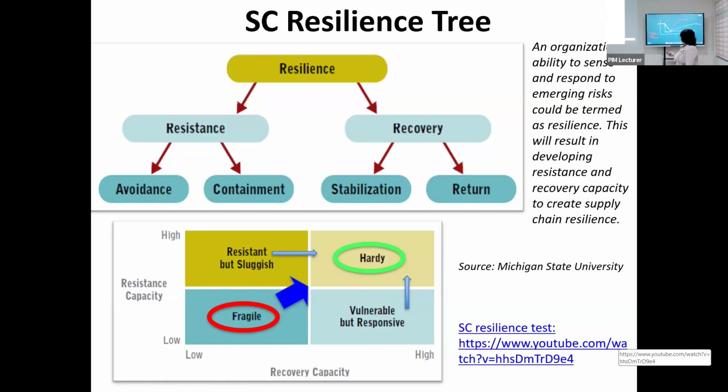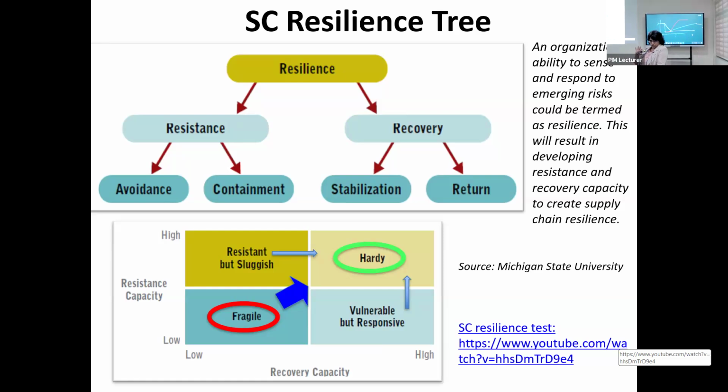And if your resistance capacity is low and recovery capacity is high, you are very vulnerable because you cannot resist. It will come through. But although it comes through your defenses, you are able to quickly come back on track and bounce back. So there are different supply chains. When you do that test, they will put you into a box and then you will know how strong or weak or vulnerable your supply chain is.